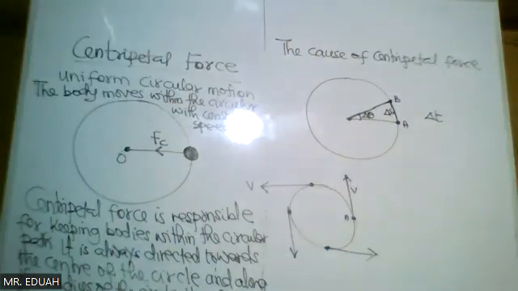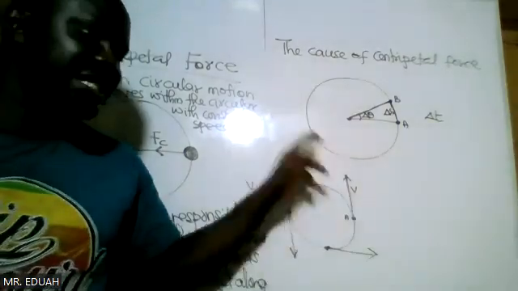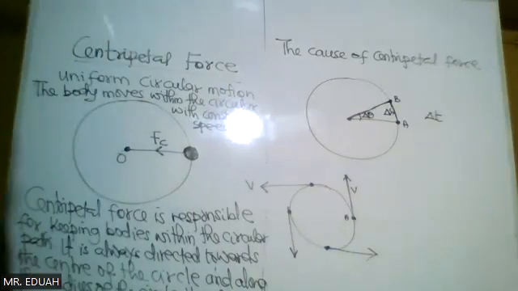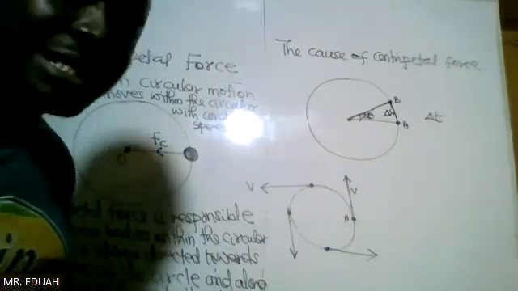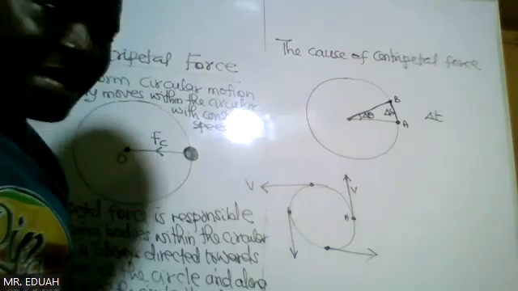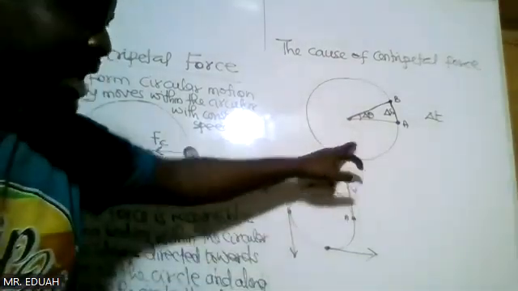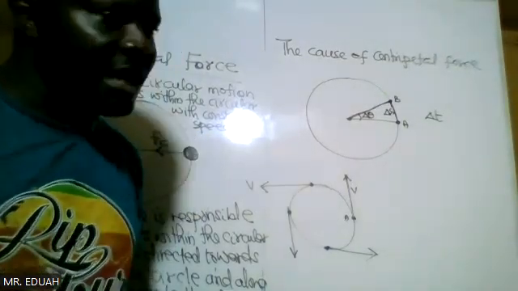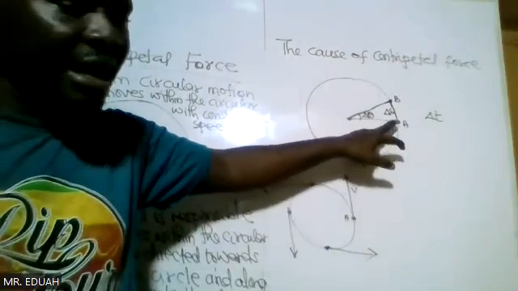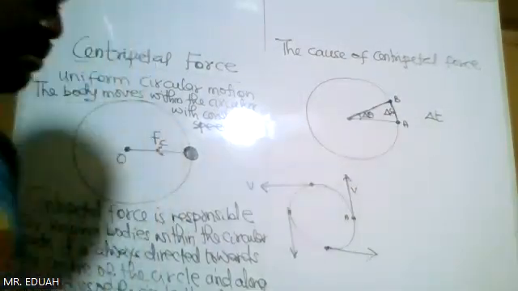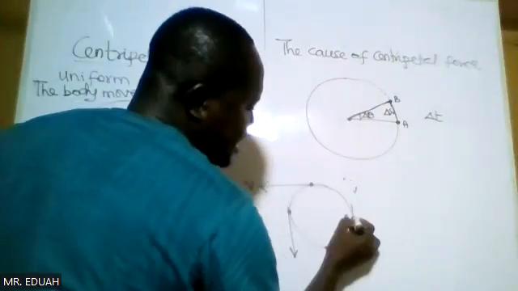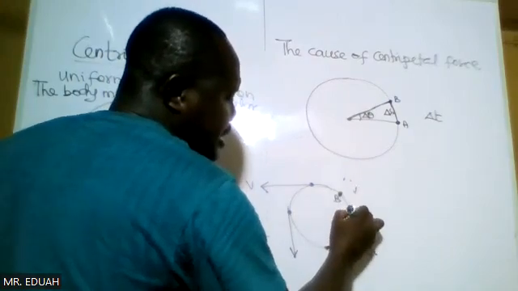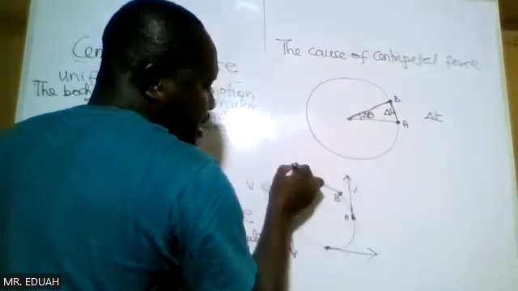So at every point, the body's direction is changing. If the body's direction is changing every time, then though the body is moving at a uniform speed, because of the changing direction, its velocity at every point will be different. Assuming this is A and B, this is the direction of A, this is the direction of B.